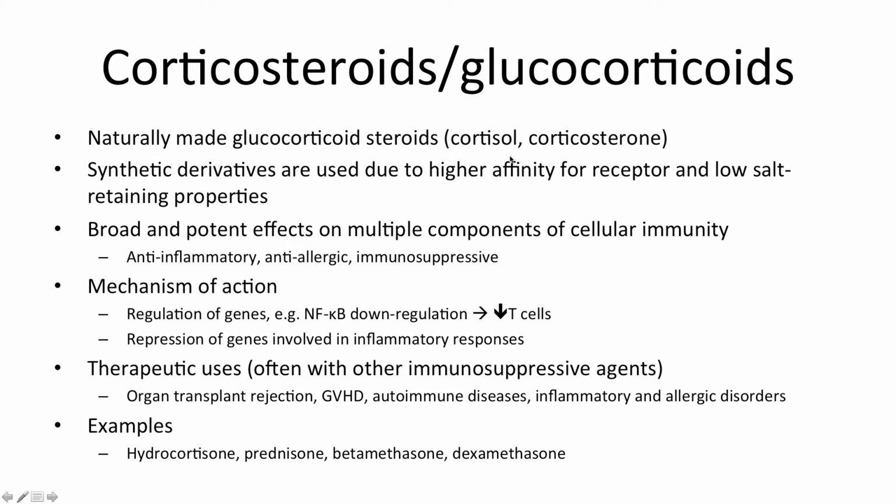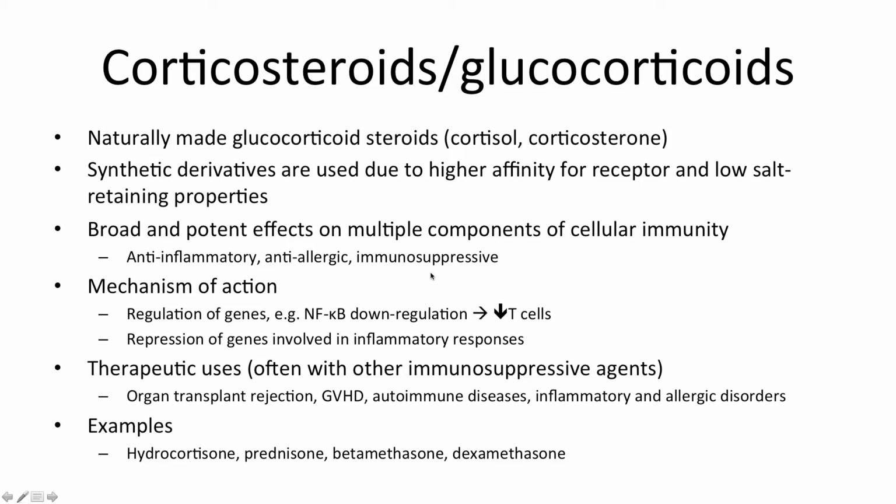They include cortisol and corticosterone, and in fact, over the last number of years, synthetic derivatives have been used to treat immune disorders because of their much higher affinity for the receptors and low salt-retaining properties. So the efficacy of the synthetic derivatives is much higher than the naturally made steroids.